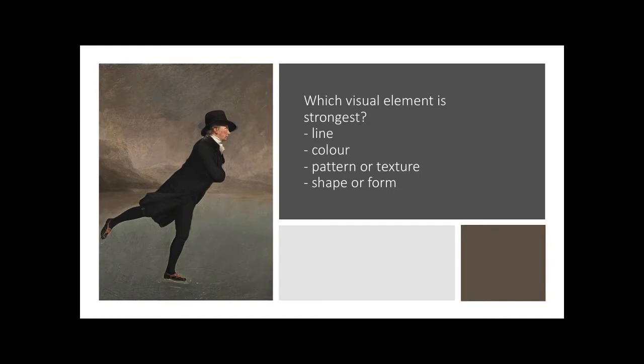What about colour? Would you put it in your colour room? And would you perhaps put it in the pattern or texture room of your gallery? Or would you put it in your shape or form room? So have a close look. I think this one, there might be some different answers here actually. Have a think where you're going to put it, and pause the video if you need some time to decide.